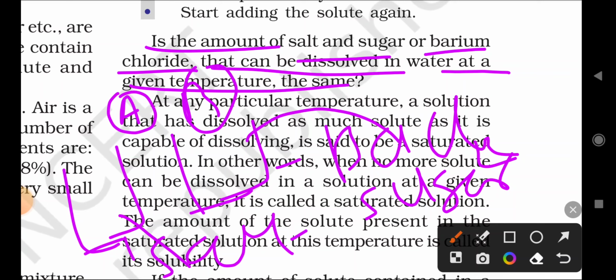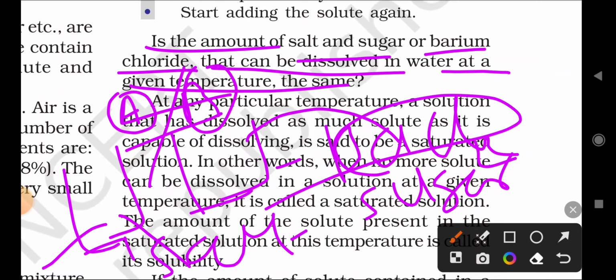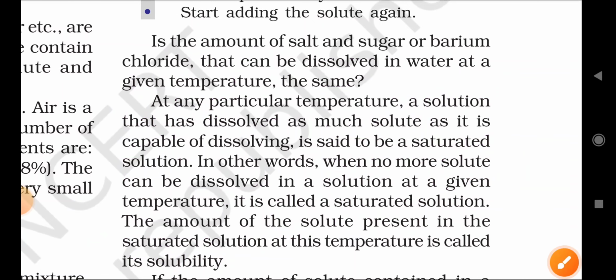We can say that they do not have the same dissolving power. Salt can be dissolved more easily in water compared to sugar and barium chloride, so they have different dissolving capacity. Every solute dissolves in the solvent in a different manner. It is not the same for all solutes in a solvent. It is different for different solutes.